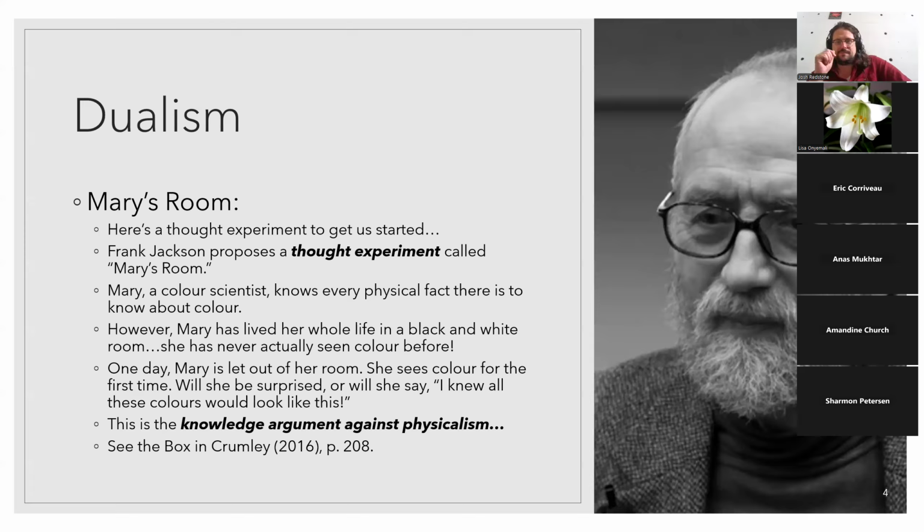But here's the catch. Mary has spent her whole life in this black and white room. When you're in the room, there is no color. Even if Mary were to look at her own hands, right? It's all grayscale. She doesn't see color. She's never seen color before, but she knows every physical fact about color.